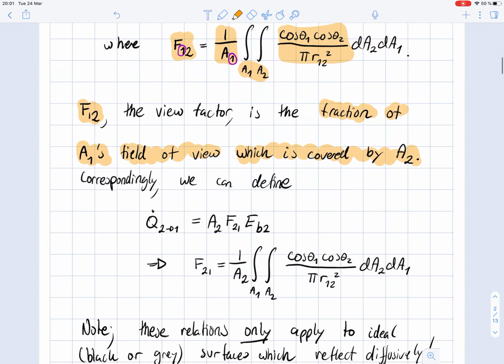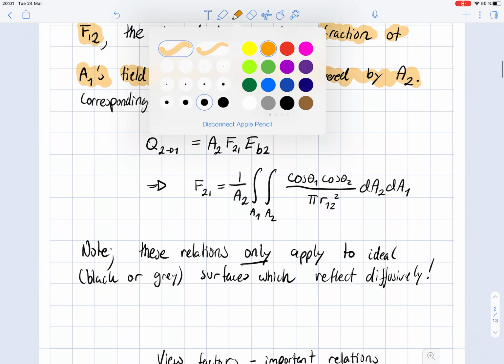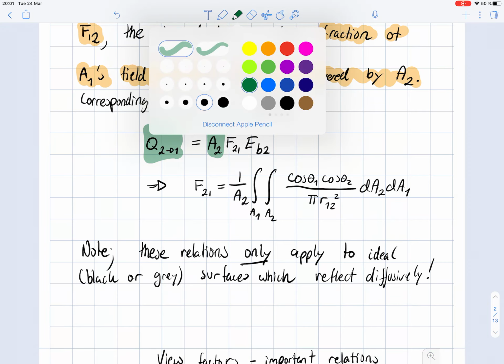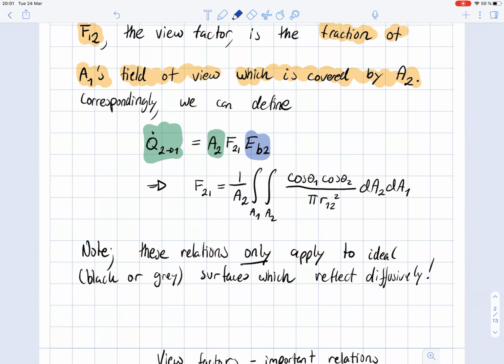Correspondingly, if we look at the opposed heat transfer rate, Q21, that will be defined as A2, so the area from which this radiation is originating, which is why then we are looking at EB2, which is then the black body radiation from a surface that has the same temperature as the surface in question.